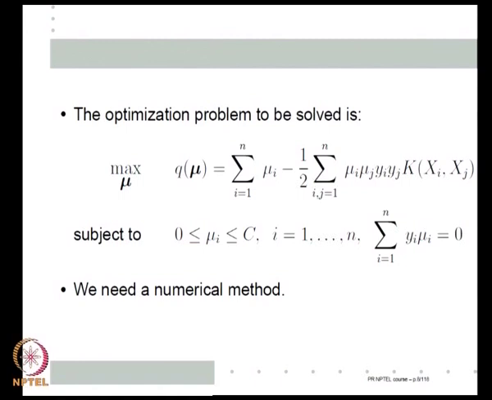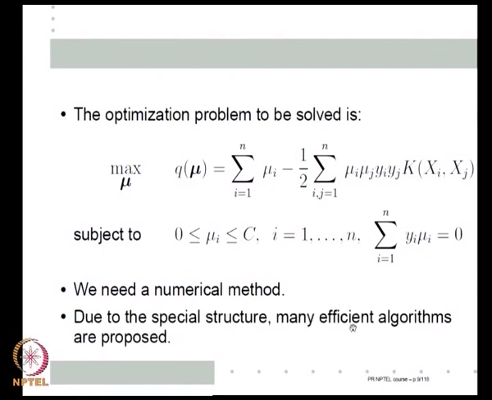We can certainly do such gradient descent based methods, but this problem has a lot of extra structure, and because of that many more efficient algorithms have been proposed. There are only bound constraints on variables which are very simple to implement. There is only one equality constraint and this is a very nice quadratic form. So, there are a lot of interesting things you can do with it.